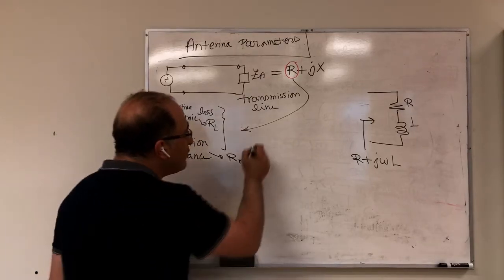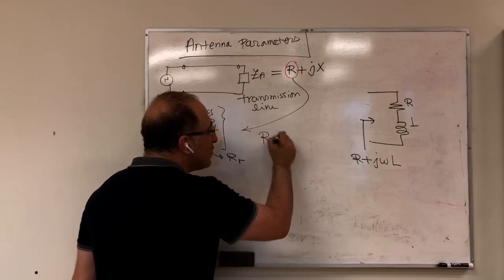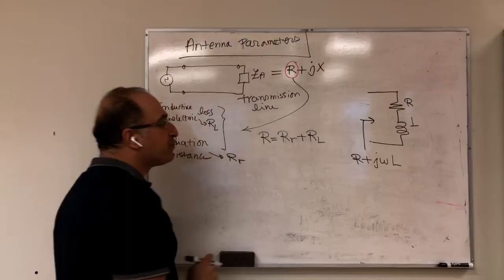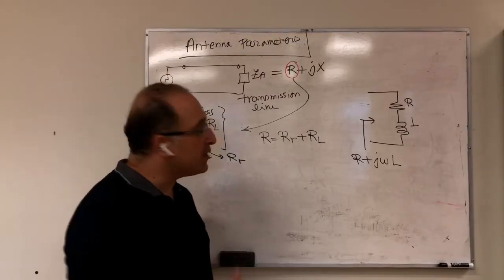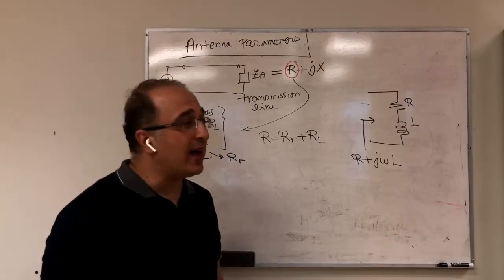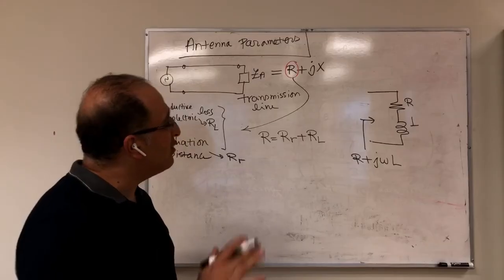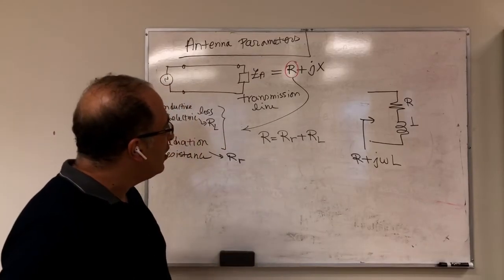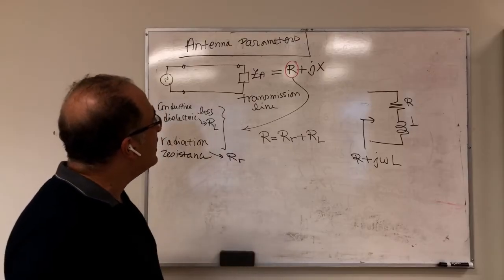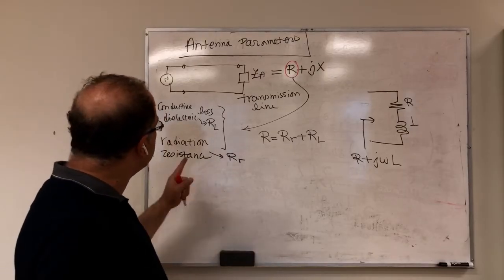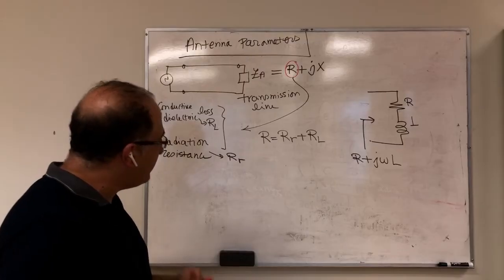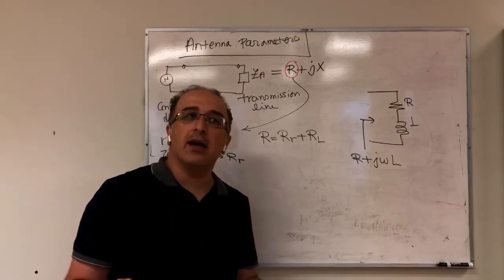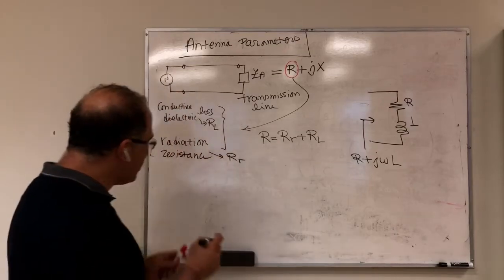So R of the antenna consists of 2 parts, RR plus RL. This is something that you should keep in mind, that this is not waste of energy all the time. This would be our waste. Now, this is our radiation resistance. This is our loss. And now, based on this, we have an important parameter called radiation efficiency.